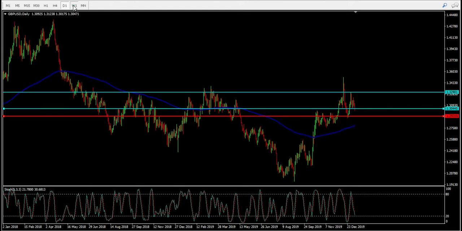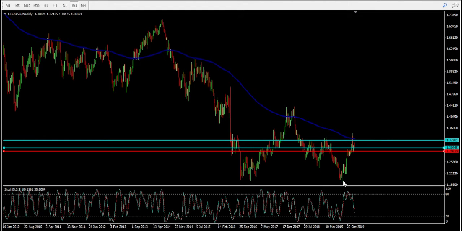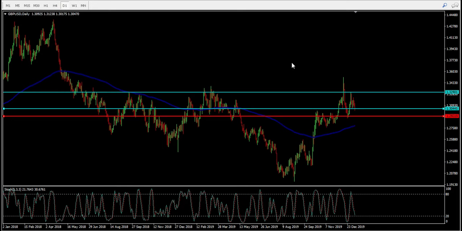And if we zoom out a little bit, you see that towards the middle of last year, it looks like we hit a bottom for the GBP USD. With all the elections and Brexit talk, it wasn't very positive for the bulls with the cable. But nonetheless, going back to the day chart, it looks like we've managed to get above our 200-day moving average, as I said, meaning we've started to trend into a bullish market.